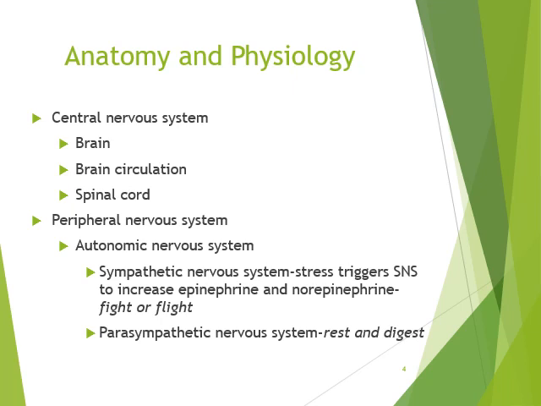So the brain circulation is basically fed from the carotid arteries, and those carotid arteries are a direct offshoot from our aortic arch, from our heart. So it's very rich blood. The spinal cord extends from the border of the first cervical vertebra to the level of the second lumbar vertebra. And there's 32 pairs of spinal nerve roots.